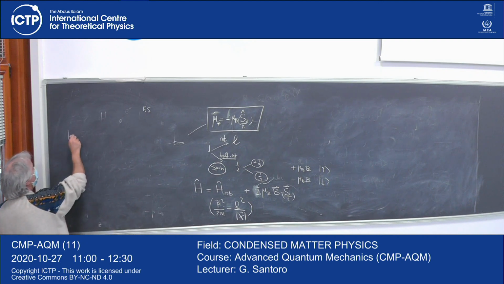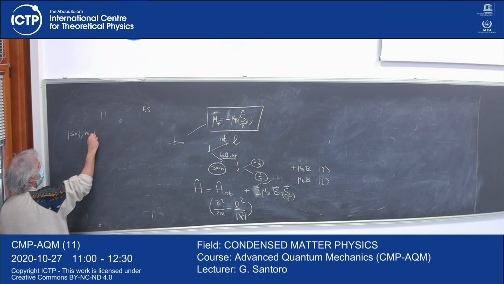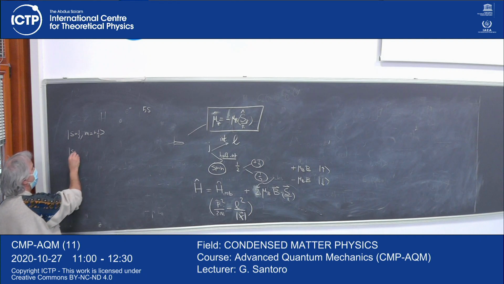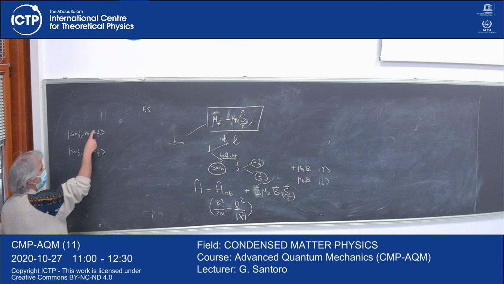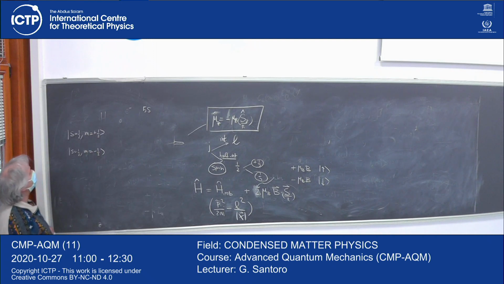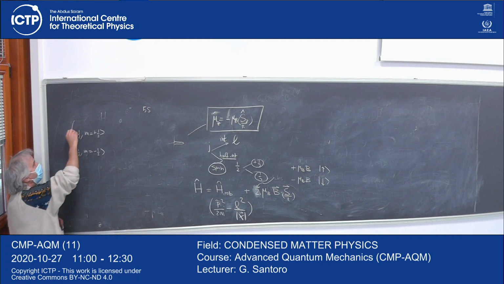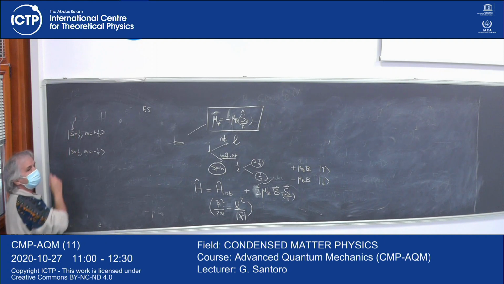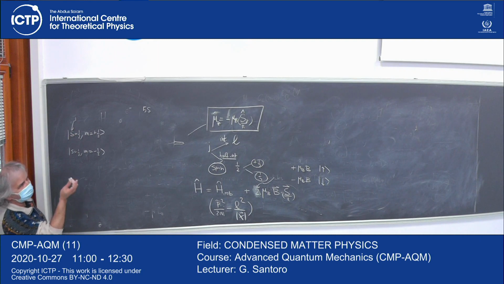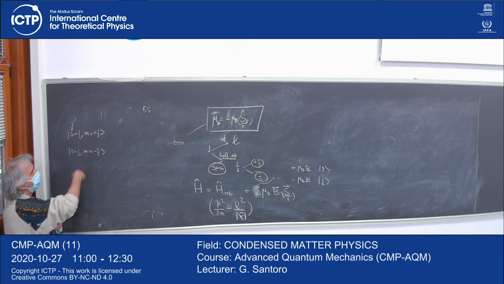So I have S equal to 1/2, M equal to plus 1/2, and the other is S equal to 1/2, M equal to minus 1/2. Two states, right? I don't call J this principal quantum number, I call it S, in the same spirit as I call L for the angular momentum. And this is still M, and M goes from minus 1/2 to 1/2.